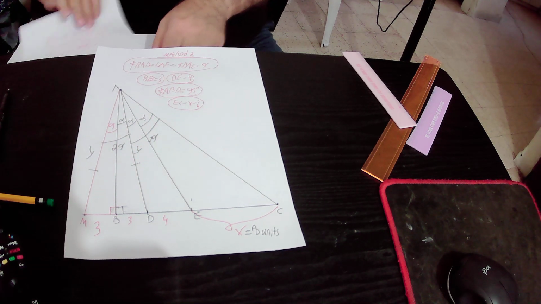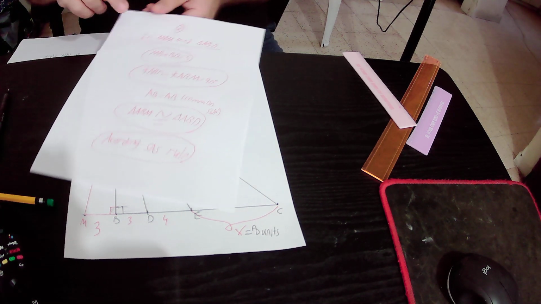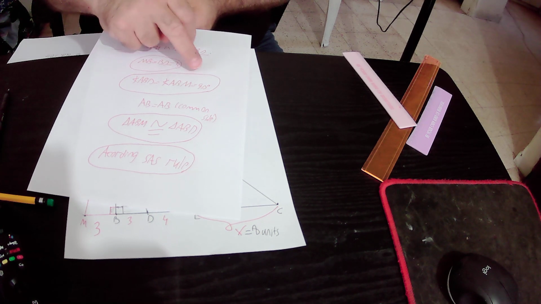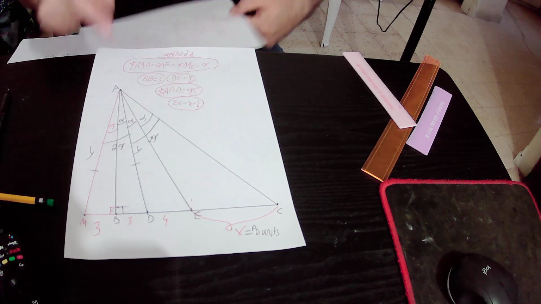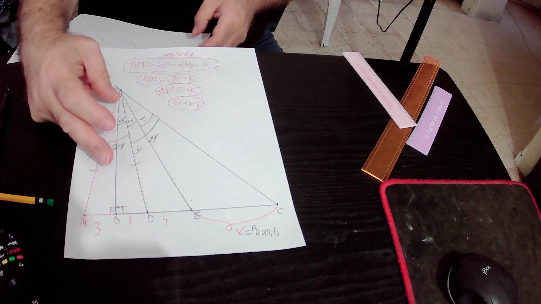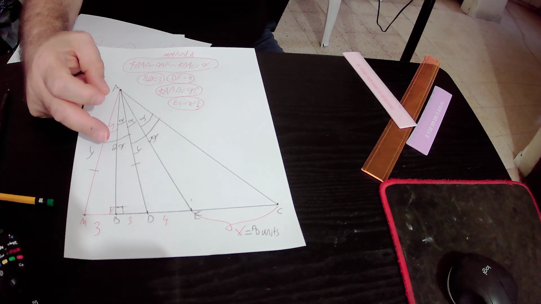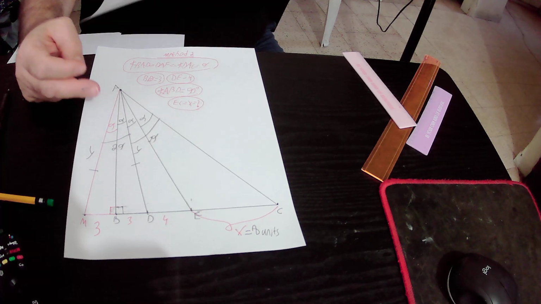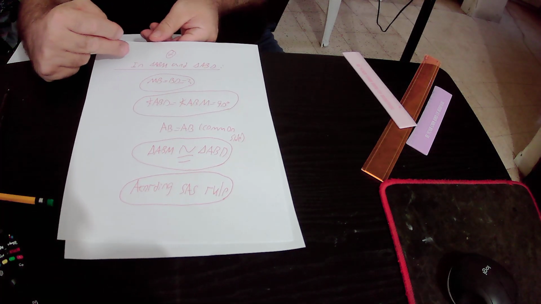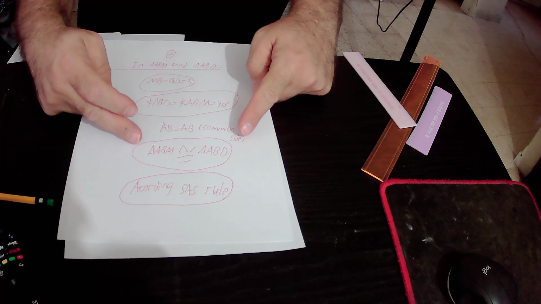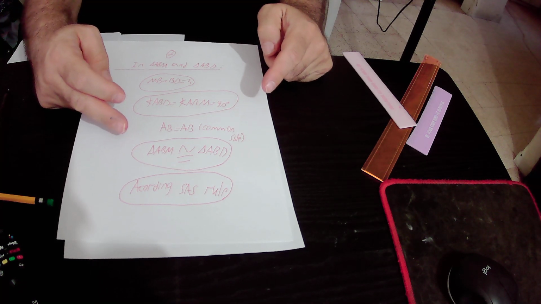That is to say, angle ABD equals angle ABM equals 90 degrees, and AB equals AB. AB is the common side, it belongs to both triangles. So we proved that triangle ABM can go into triangle ABD according to the side angle side rule.